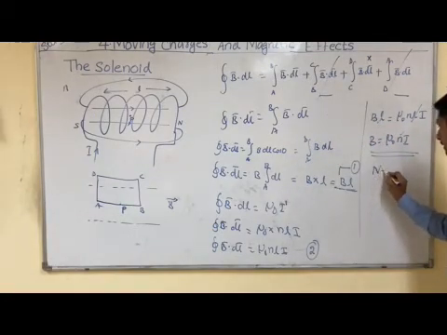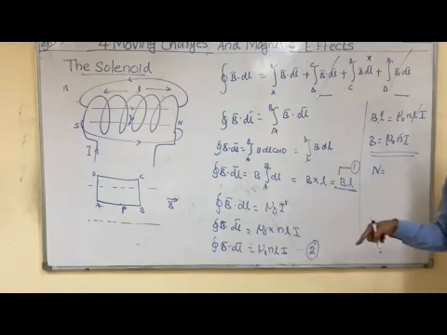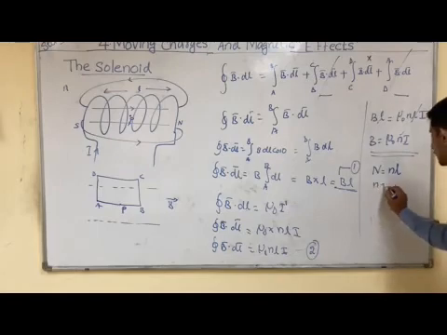Small n is the number of turns per unit length. So if the total number of turns is N, then N is equal to nl, so small n is equal to N by l.